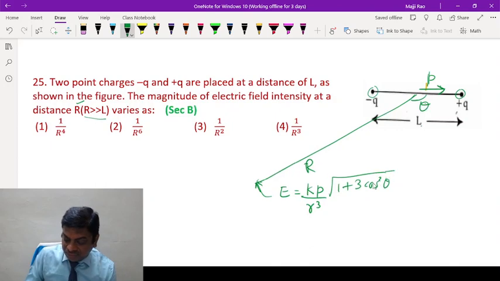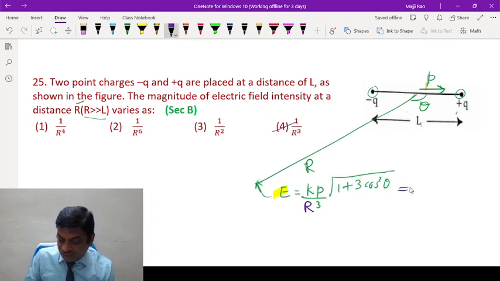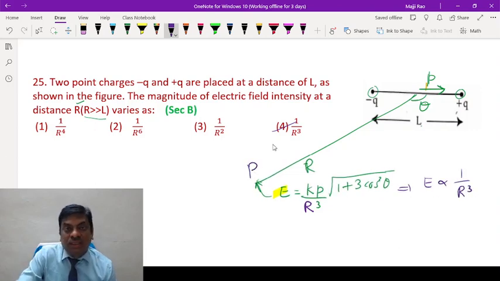So this is the formula. So from here you can see that E varies inversely as R cube, capital R I have to take. So fourth option is the correct option. E varies inversely as the cube of the distance of the point from the center of the dipole.